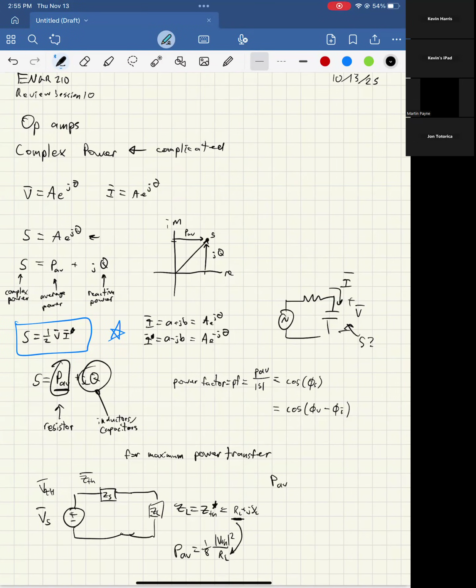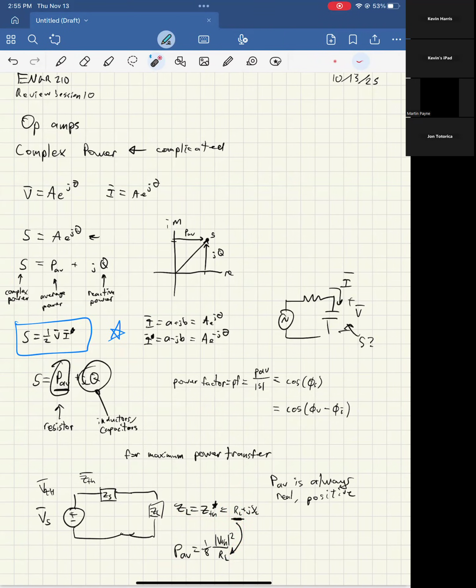And P average in this case is always going to be real and positive. So if you have a question asking for maximum power transfer, you find the equivalent impedance of the circuit, take its conjugate, that is the equivalent ZL, and then when you're finding the real average power, you take the real component of your impedance and plug it into this equation.